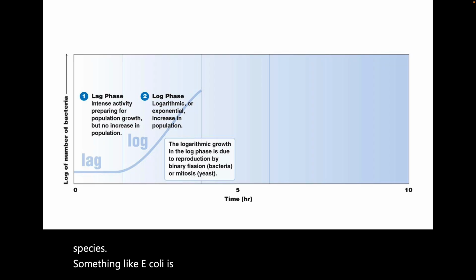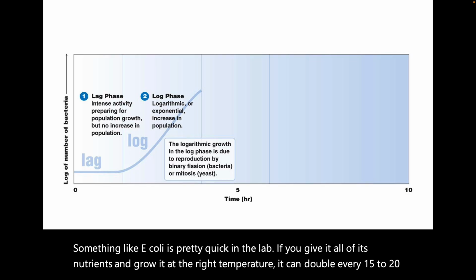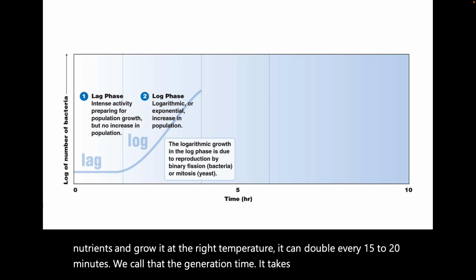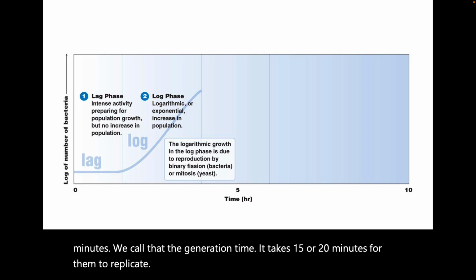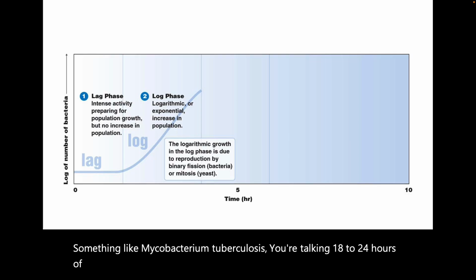In the lab, if you give it all of its nutrients and grow it at the right temperature, it can double every 15 to 20 minutes. We call that the generation time. It takes 15 or 20 minutes for them to replicate. Something like Mycobacterium tuberculosis, you're talking 18 to 24 hours of doubling time. So that log phase can be really expanded because they're super, super slow. So it takes a really long time.